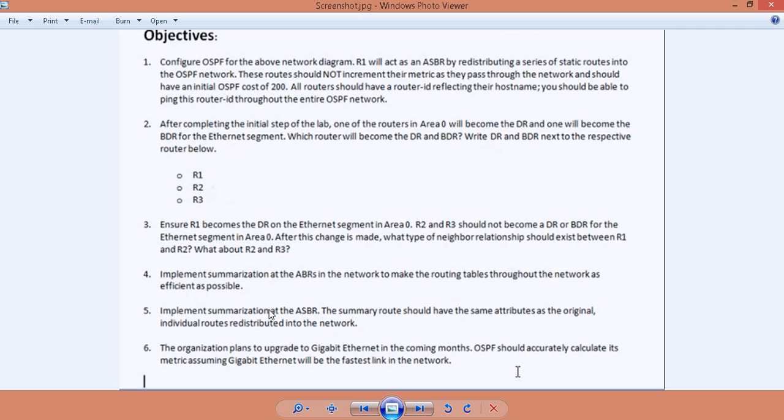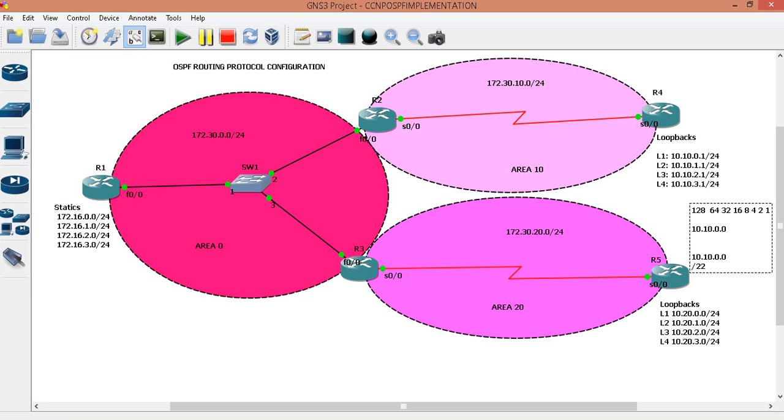But now how do we tweak this? Look here. This configuration has to be done on all the routers. The cost has to match here.